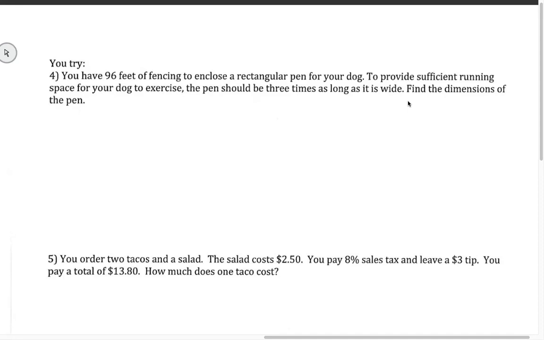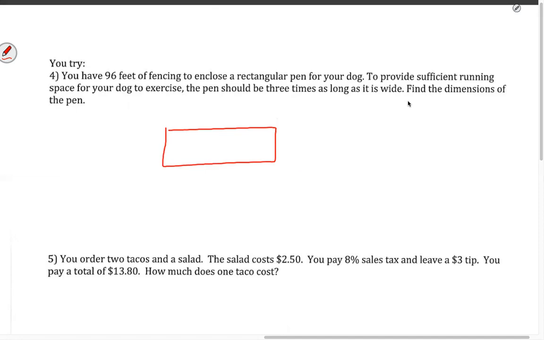Now, Julie, what shape is my dog pen? Oh, rectangle. Everybody draw a rectangle. It doesn't have to be good.